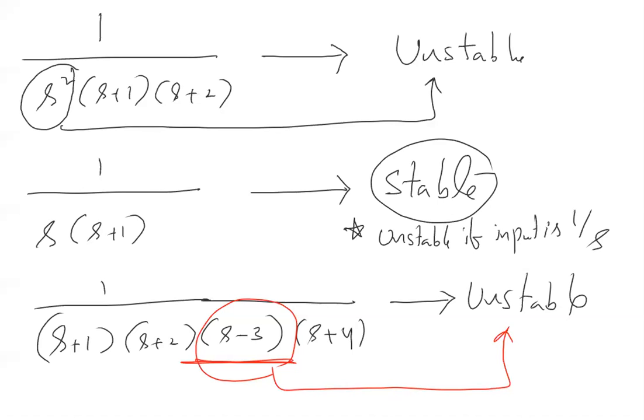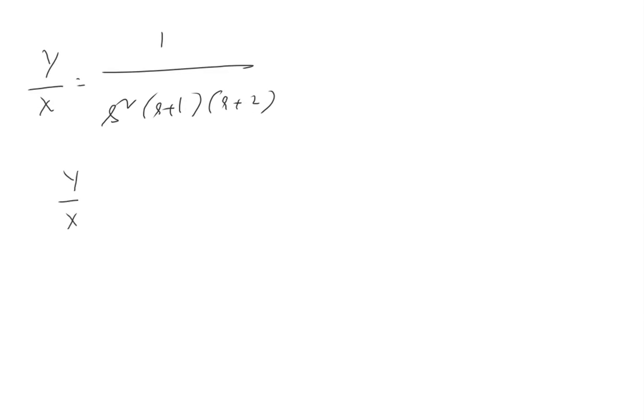See, first one, even if the input is 1 by s, let's say I'll explain once. Take this function, 1 by s square into s plus 1 into s plus 2. So this is, let's say, y by x. Let's take the simple input as x equal to 1.